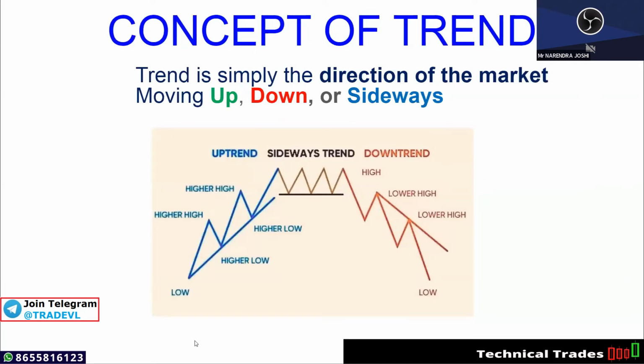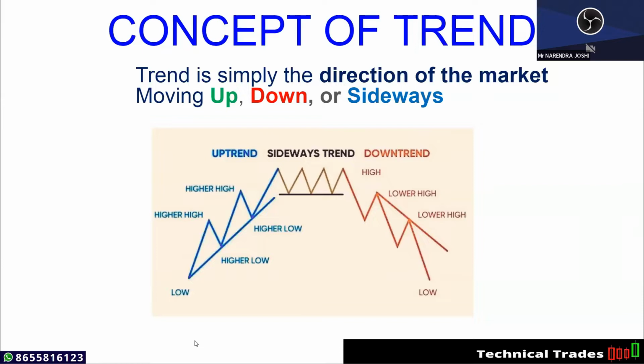First of all, we have to understand the concept of trend. If we are following a trend trading strategy, we should know what the trend of the market is. If you really want to go with the flow of the market, you should be a trend follower.